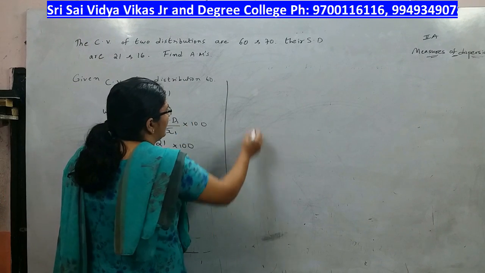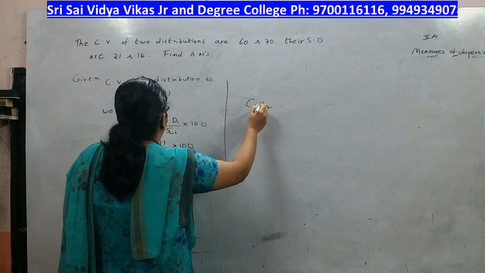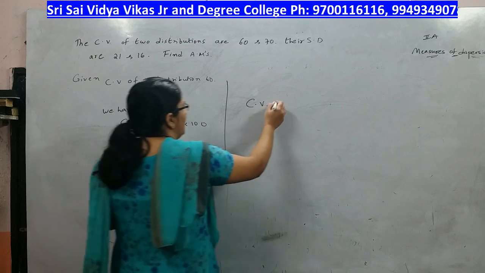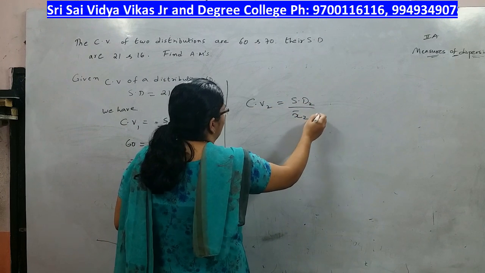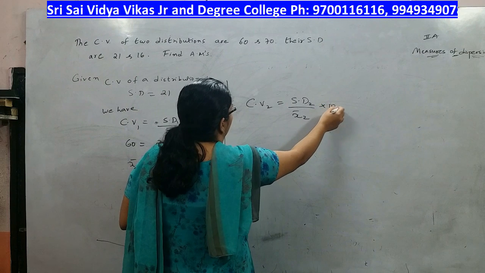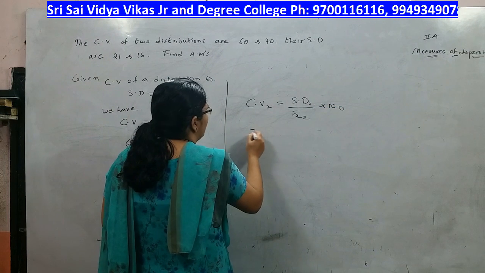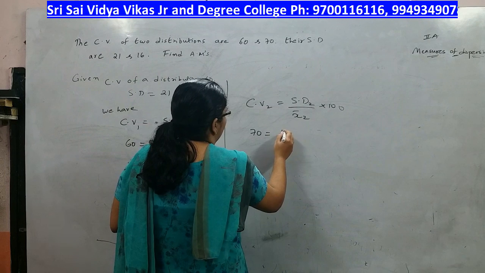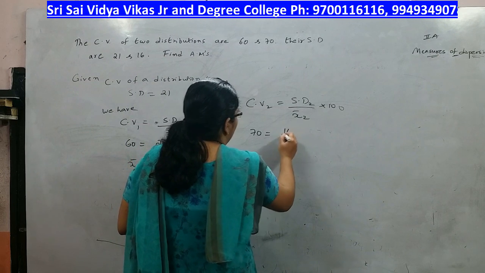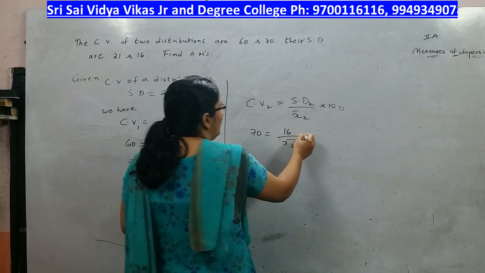Let us check for the next distribution. CV2 is equal to SD2 by x2 bar into 100. CV of the second distribution is 70, which is equal to 16 by x2 bar into 100.